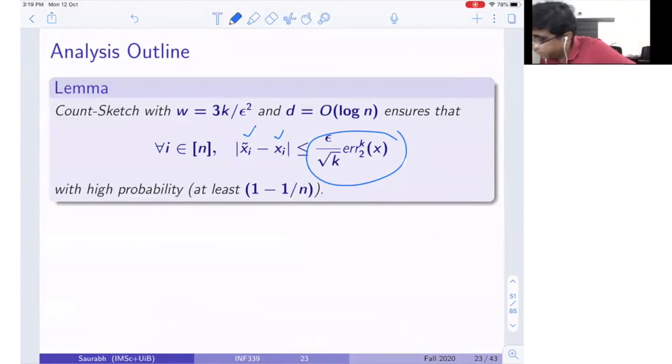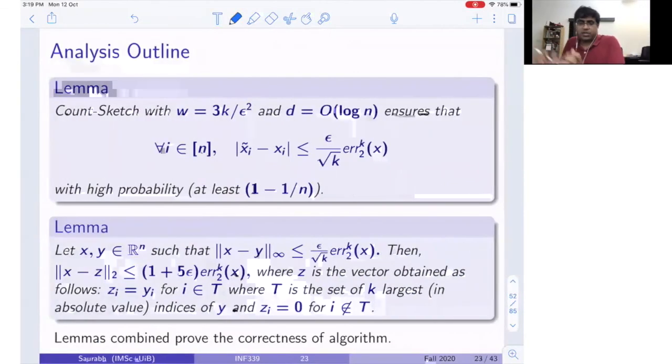Now notice that we are getting this extra root k here, which we didn't get in the analysis before. Suppose this is what the count sketch will give us. We will be able to prove this; it is not very hard to prove. It is just a small tweak.